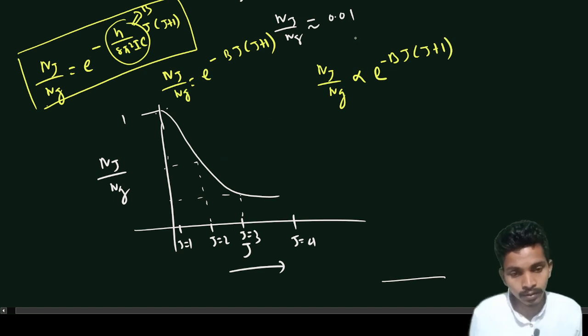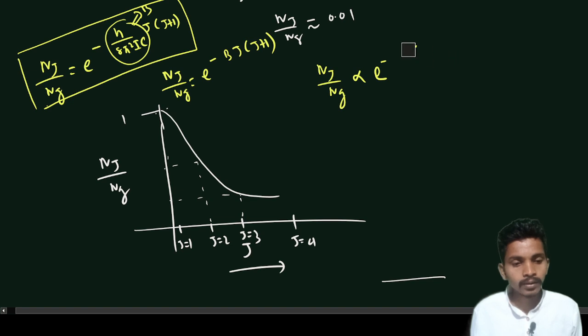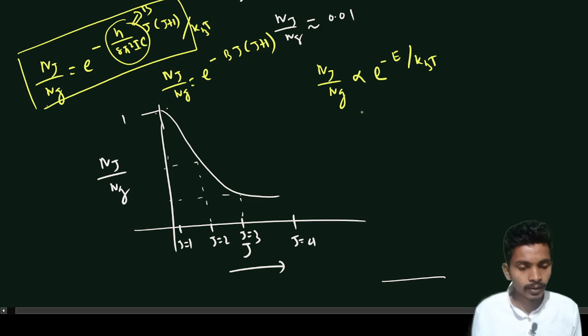So this B j(j+1) is the actual energy, so e to the power minus E upon kBT.